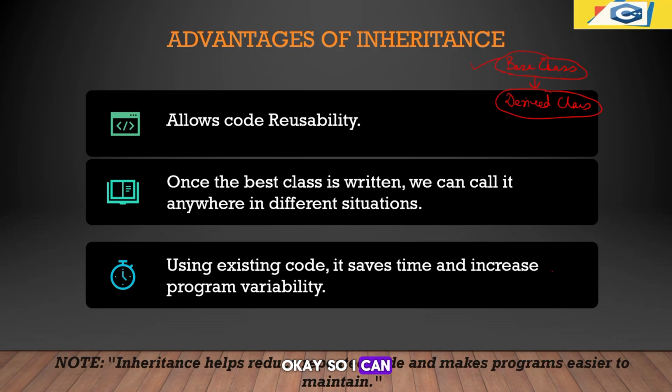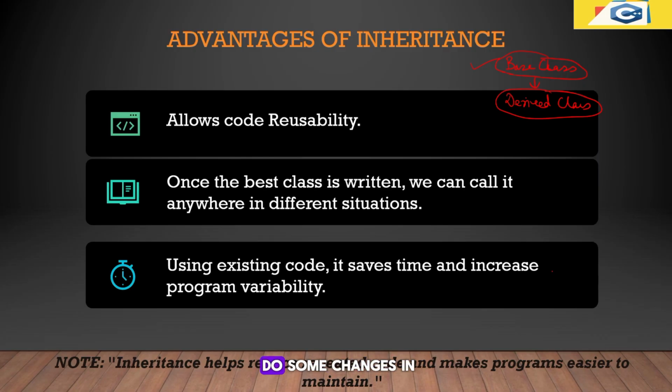So I can simply inherit it. I can simply use it by using inheritance. There is no need of writing the logic or thinking about the logic. If it is already written, if it is already there, just reuse it. Using existing code saves time and increases program reliability.